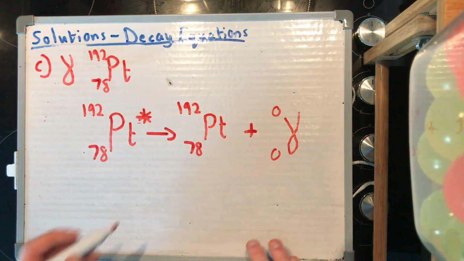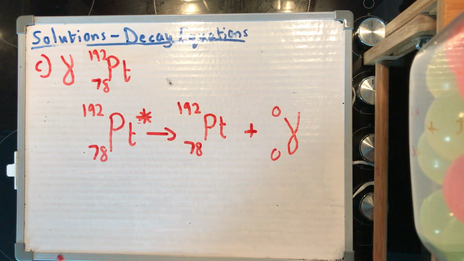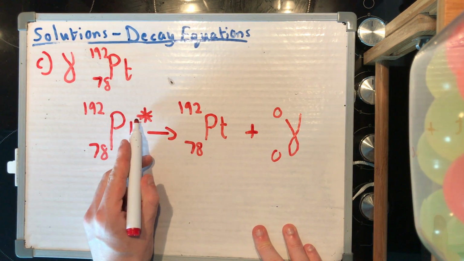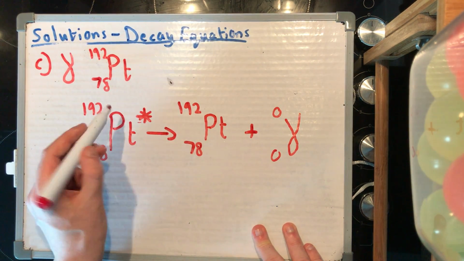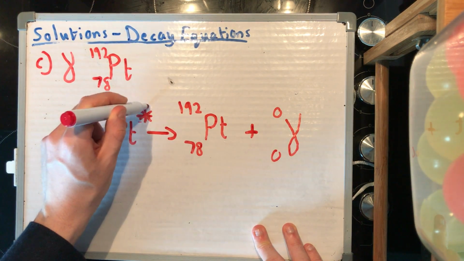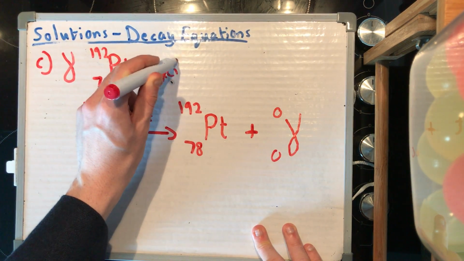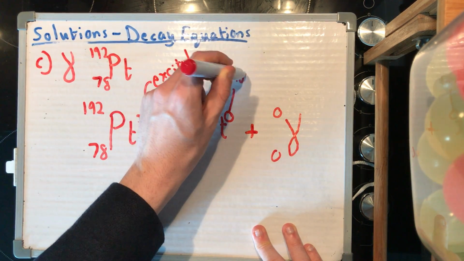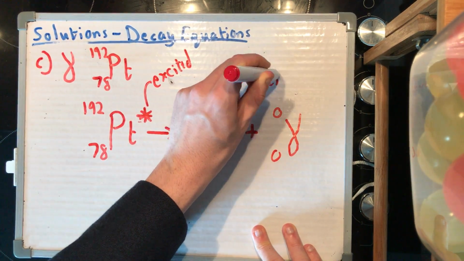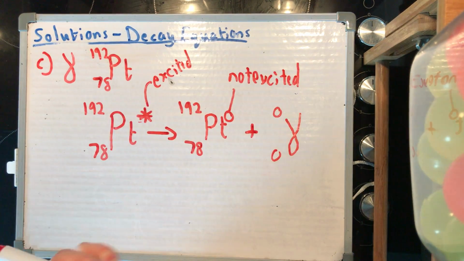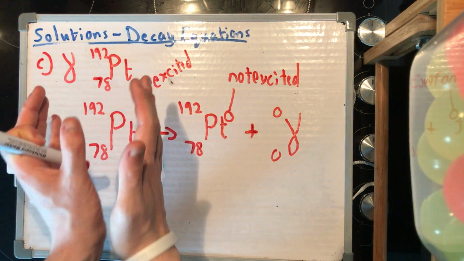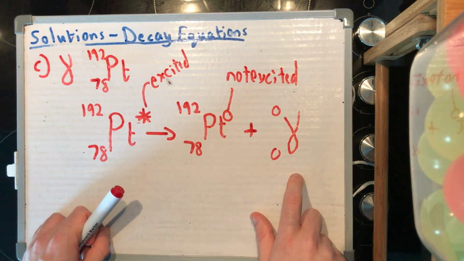That is definitely the trickiest of the equations that I've asked for this section, because it's not always intuitive to think, oh, it's just going to be the same. The only difference is it was excited, and now it's not excited, because it's undergone that gamma emission, meaning that it no longer has this excited extra energy that's been carried off in the gamma ray.